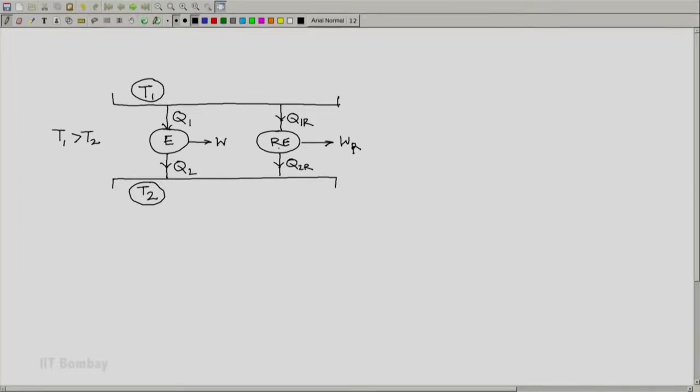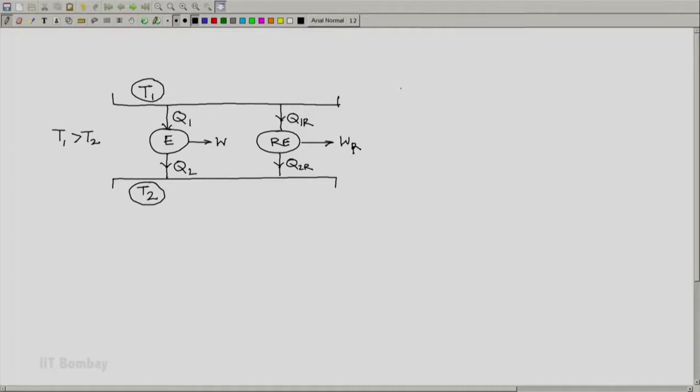If I run it as an engine, the interactions are as shown, whereas if I run it in reverse, that is as a refrigerator, what will happen is Q2R will be absorbed from the low temperature reservoir, Q1R will be rejected to the high temperature reservoir, and WR, the work, will be absorbed. The three arrows will get reversed or inverted in their direction. That is something which we can do and we will do to demonstrate the proof of Carnot theorem.